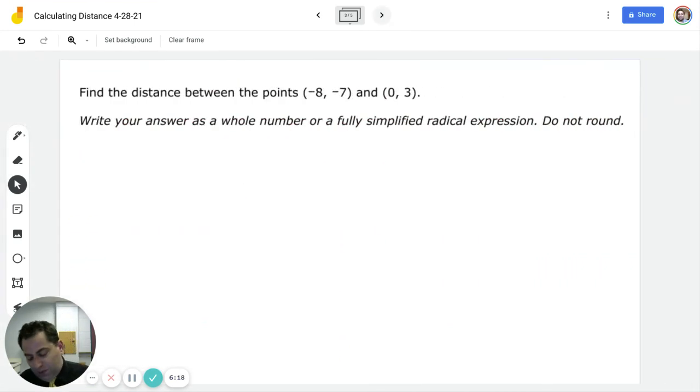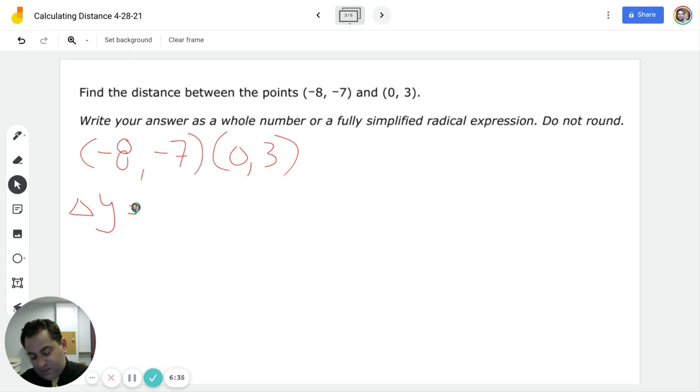In this next example, we have to find the distance between negative 8, negative 7 and 0, 3. All right, let's find the change in y first. We have 3 minus negative 7.